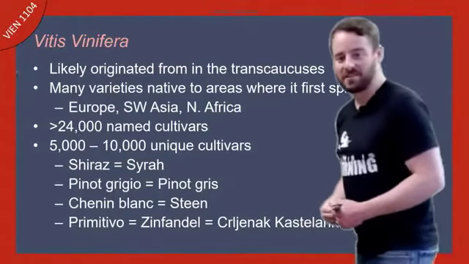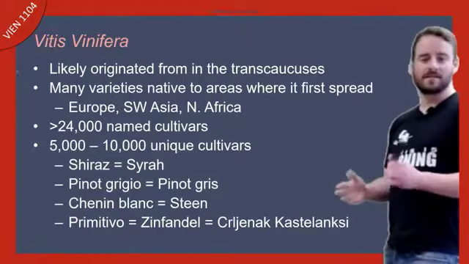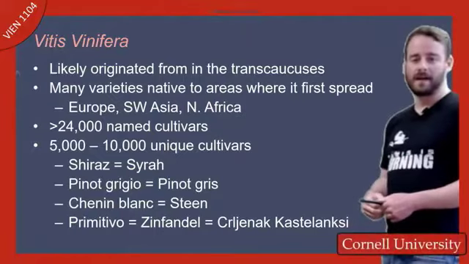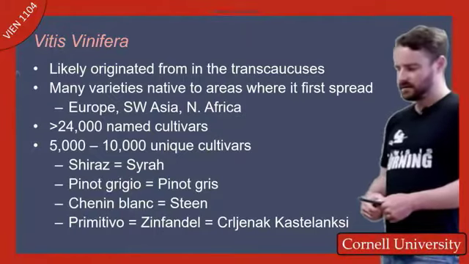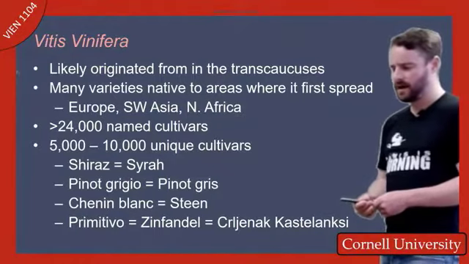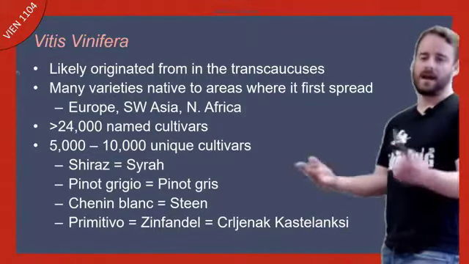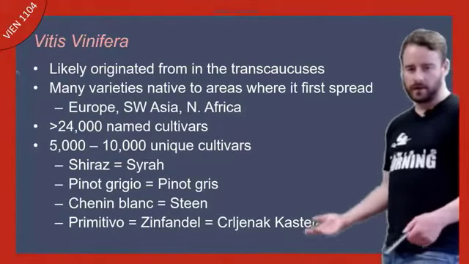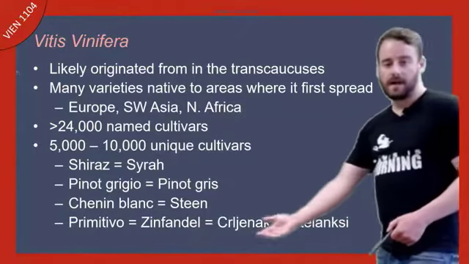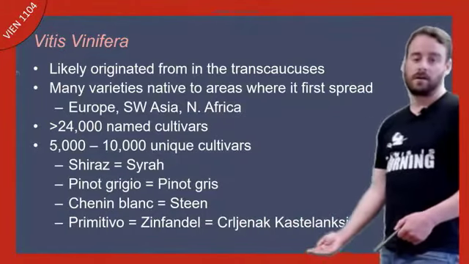So there was a researcher at UC Davis. Her name is Carol Meredith, and she does genetic research. I don't know exactly. The story is pretty funny how this all happened, but anyways, she was doing work looking at genetics of grapevines, and she discovered that Zinfandel is actually Primitivo, which is actually this Croatian variety.